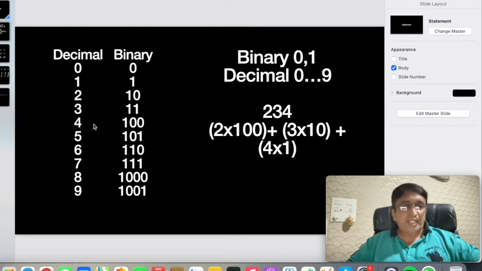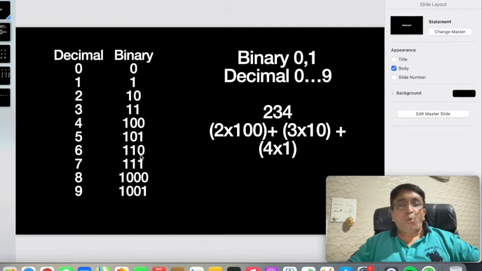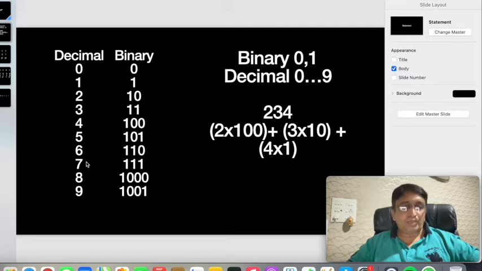So 4 in decimal is represented with 100. Now when you say 5, the next number immediately available which is made by only 1 and 0 is 101. So 5 will be represented with 101. 6 is going to be 110, the next number made by 1 and 0 combination only. 7 is going to be 111.